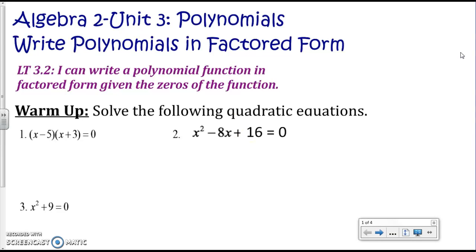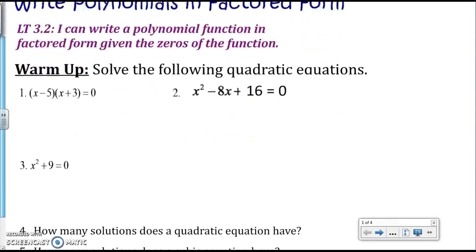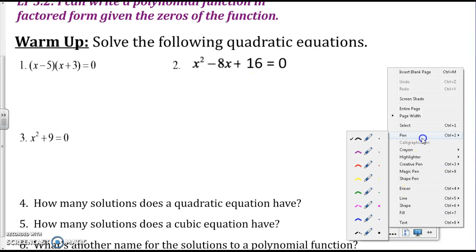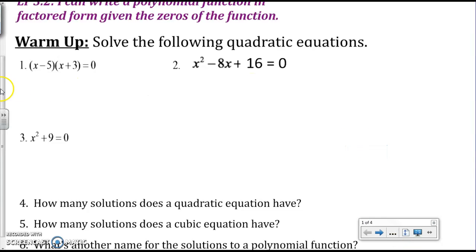Okay, so just a quick review. I'm not going to do the whole warm-up, but if I ask you to solve a quadratic equation, you can factor, square roots, complete the square, quadratic formula, and then solve from there. So for example, to solve this first one, if I have x minus 5 equals 0 and x plus 3 equals 0, when I solve, I find my zeros, or my solutions, are 5 and negative 3.